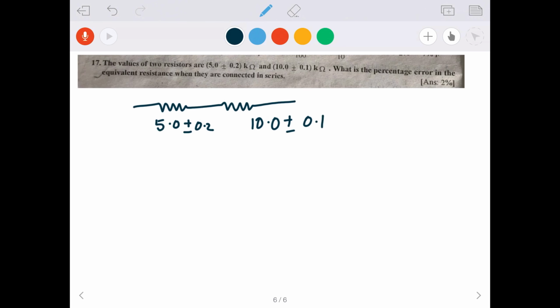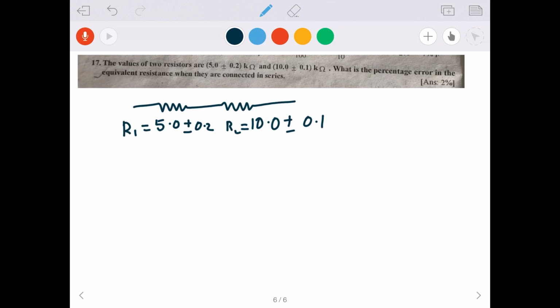Okay, so how will you do this example? First of all, I have to add these two resistors, that is R1 equal to 5, R2 equal to 10. That's the basic idea.